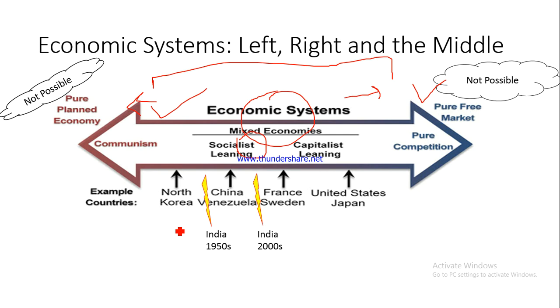But by the time the century changed and the 2000s arrived, India had moved towards the right, which meant that India slowly moved away from being a pure planned economy, and more sections in the Indian economy started moving towards pure free market economy.